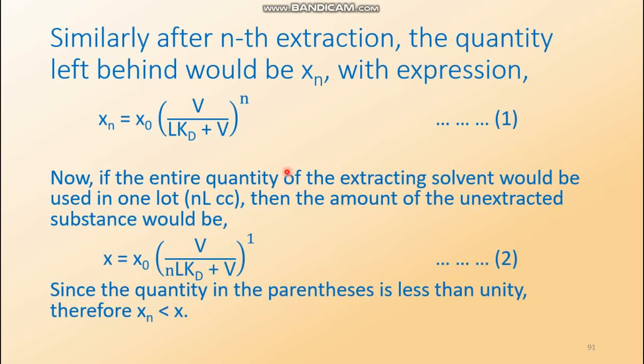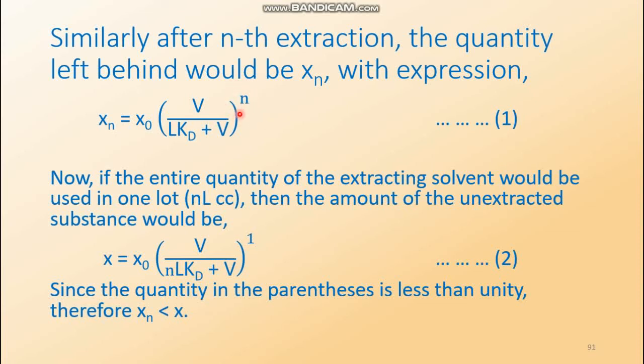Now which amount is greater? Xn or X? It's very simple. Here the numerator is V and the denominator is V plus something, so the denominator is greater than the numerator. So it is some fraction which is less than 1. If you take a power of any fraction, it would decrease according to its power.